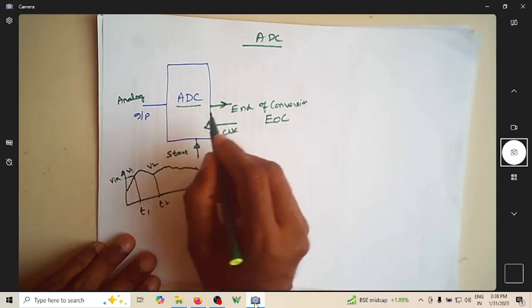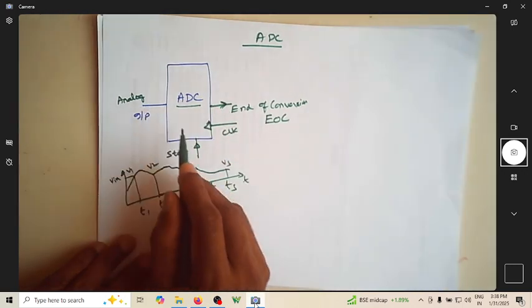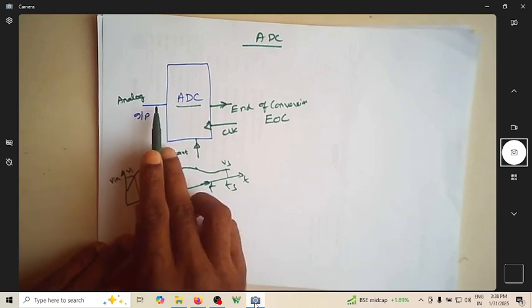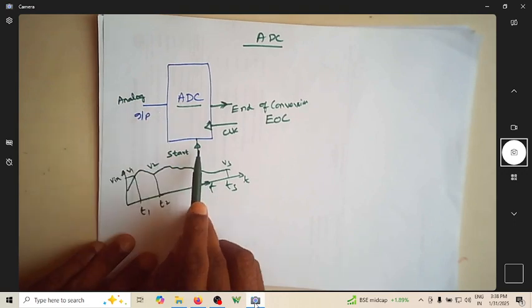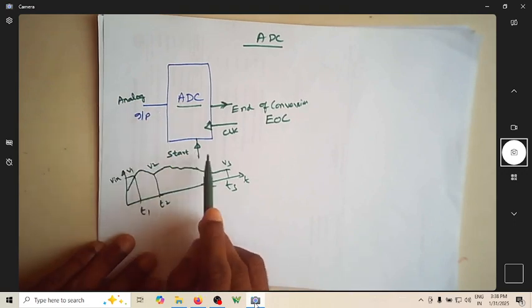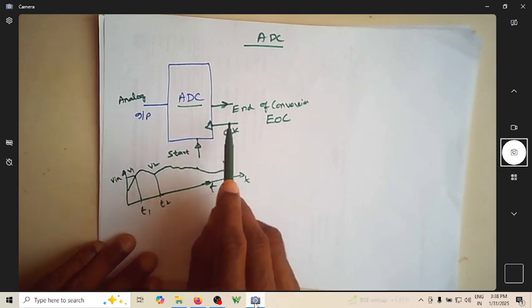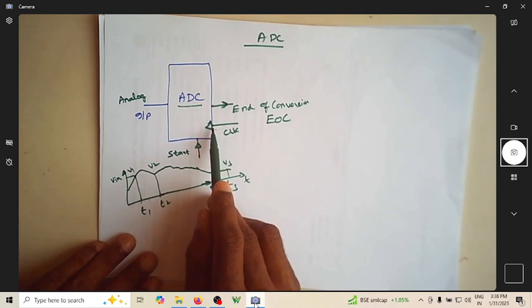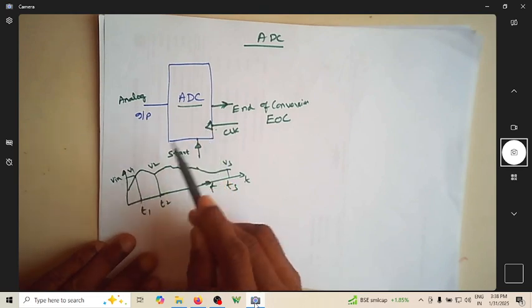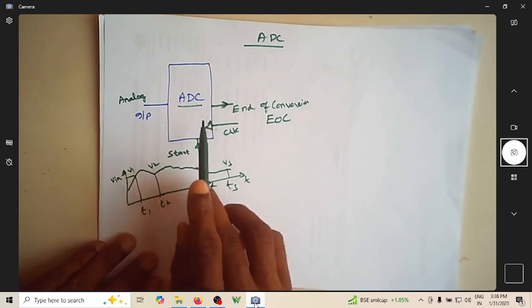So you have the analog input voltage which will be digitized. That is one of the inputs. The other input is when to start the conversion, that is start, and there is an input required for the clock, because inside the ADC we are going to have a counter.